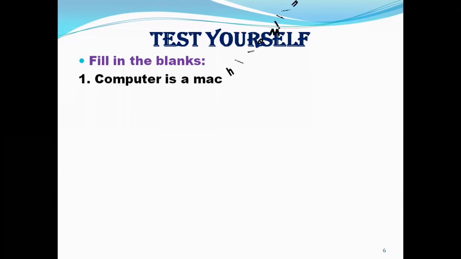Question: Computer is a machine with no, what answer? Don't tell now, only write. Okay, you write in your copy. Only the answer you can write.